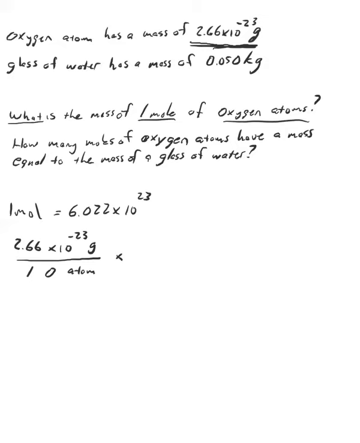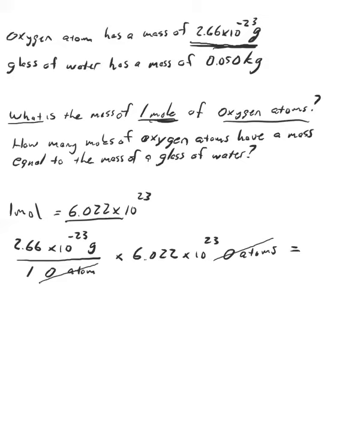Well, it says a mole, right? Well, how much is a mole? A mole is this number right here. So 6.022 times 10 to the 23rd oxygen atoms. Again, I'm being explicit about the units here. There's this idea of dimensional analysis where you can cancel units. So that's what I just did right there.